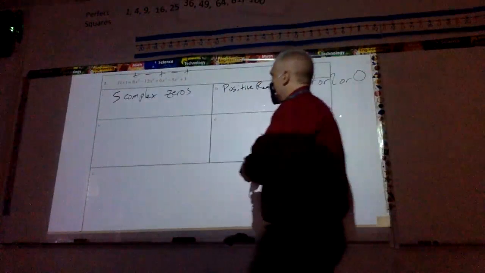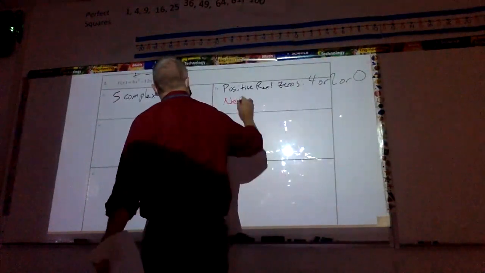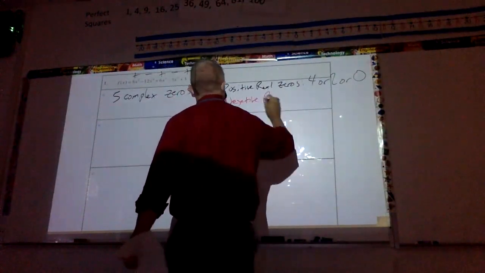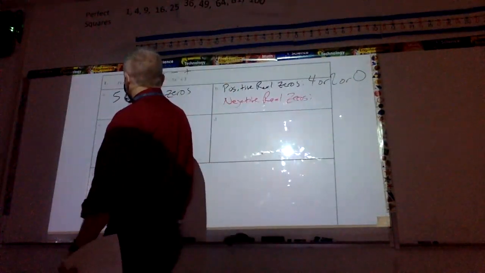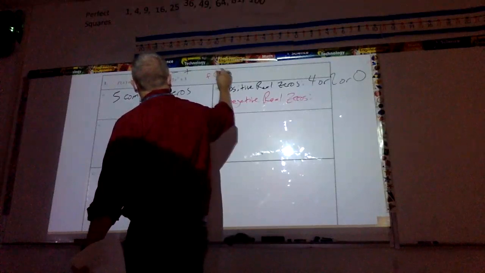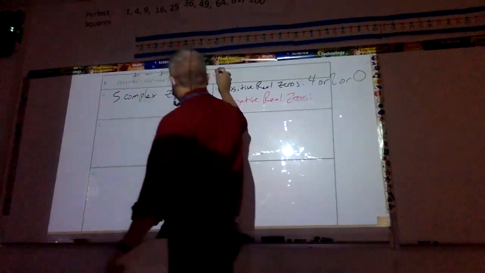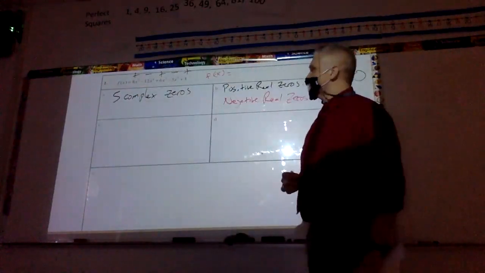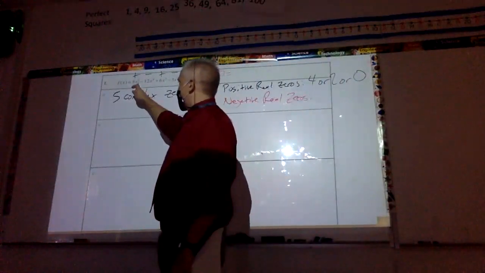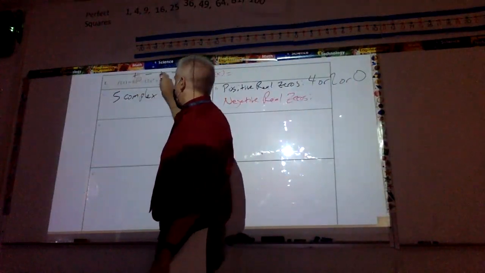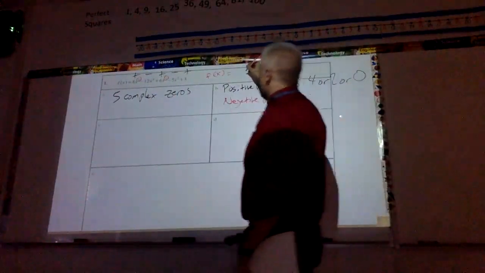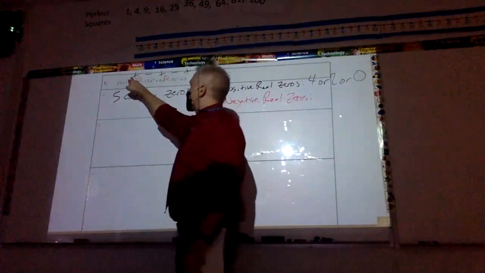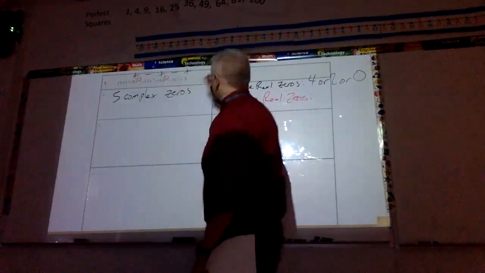Now, for negative real zeros, we need to find out the signs of f of negative x. So we're going to take the exponents that are odd, which is 5 and 3, change those signs. So this plus becomes a minus, this plus becomes a minus.